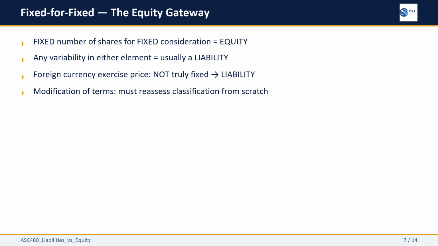The functional currency equivalent of a foreign currency exercise price changes with exchange rates every day. It is not truly fixed. The instrument fails fixed for fixed and is usually a liability. And if instrument terms are ever modified, the classification must be reassessed from scratch. A modification can convert equity into a liability.